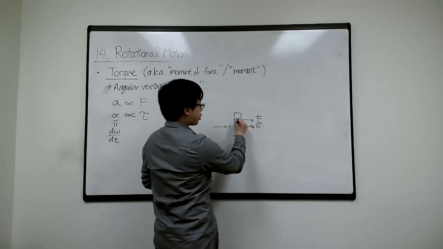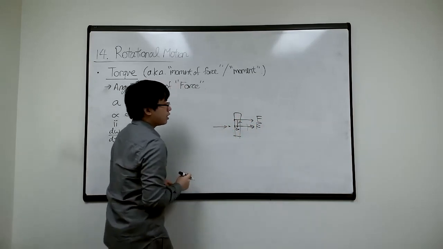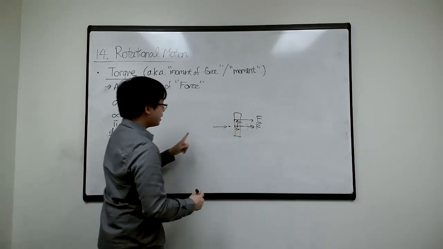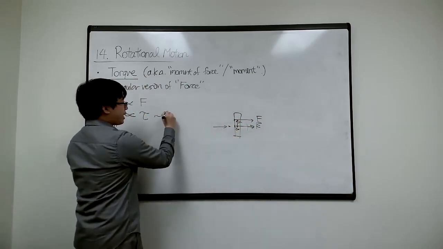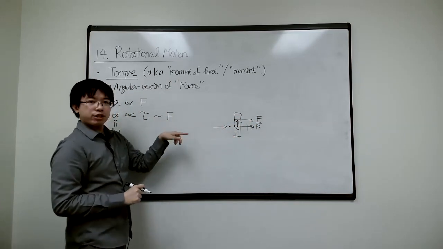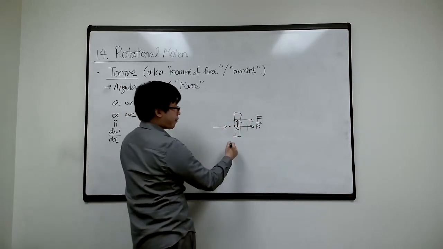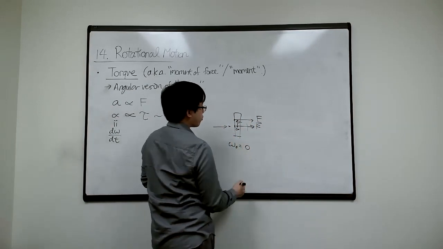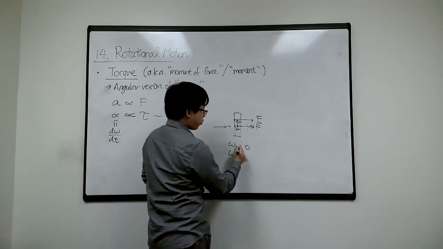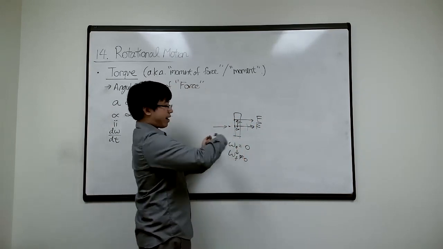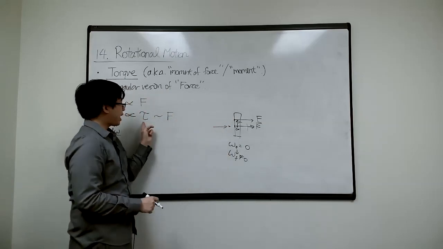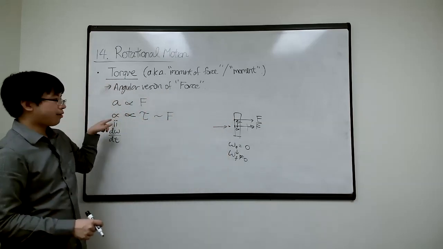The harder you push, and the farther off center, at distance R, the more it accelerates. So this should be proportional to F, right? At first, omega naught is 0, it's not rotating, and you want it to increase to omega final. The larger the force you push, the more it should accelerate.